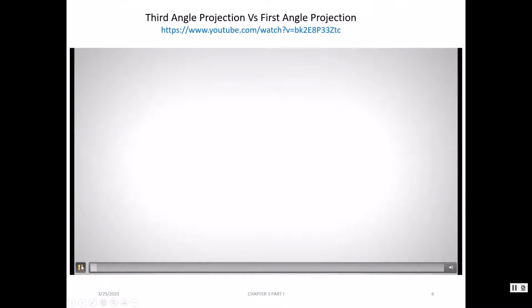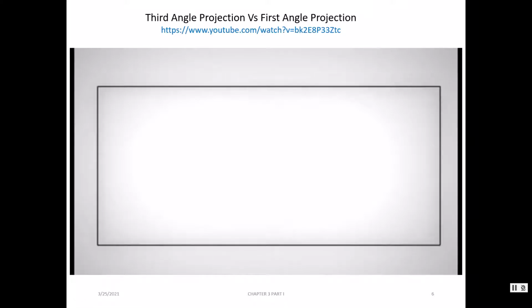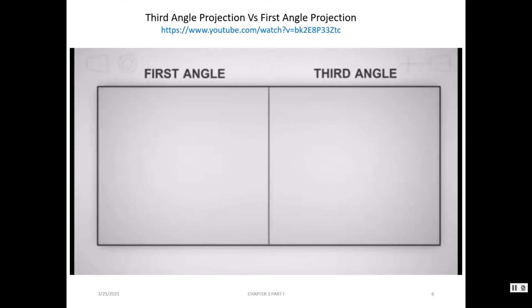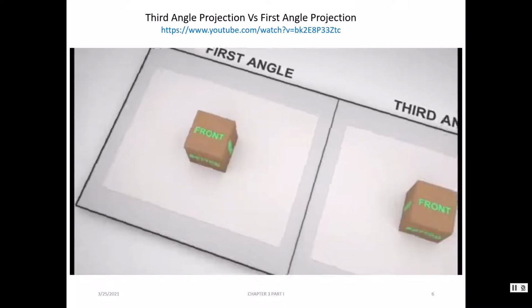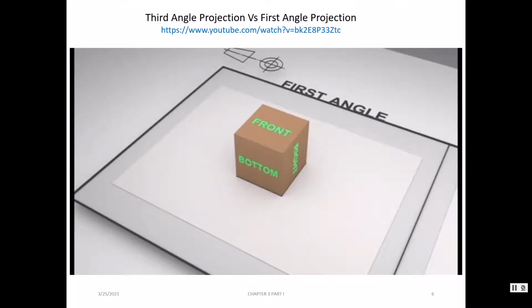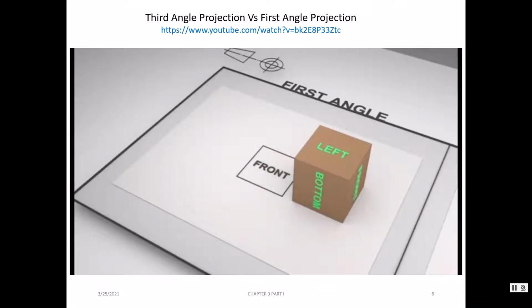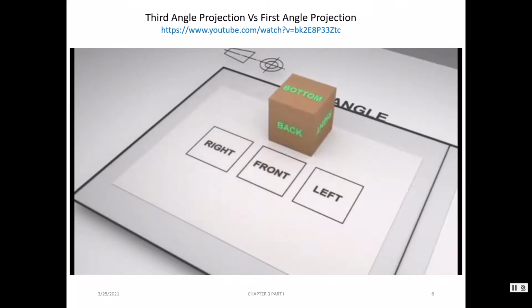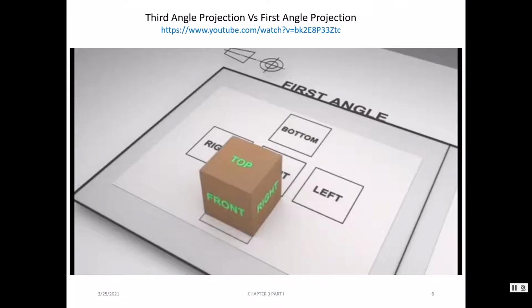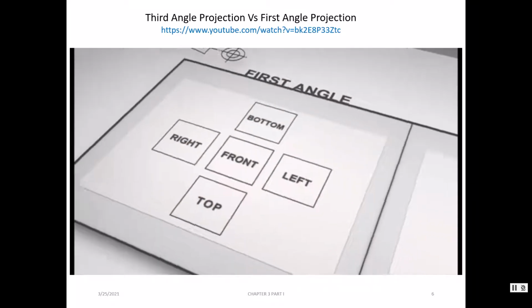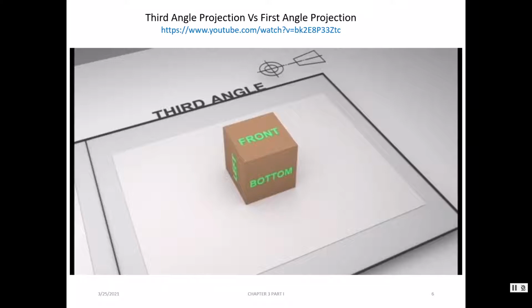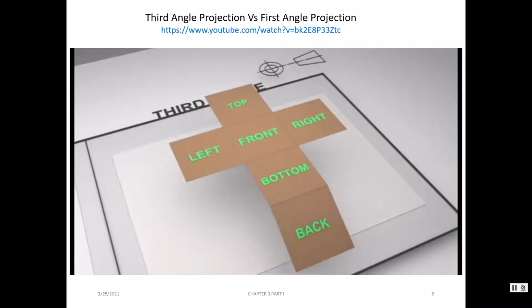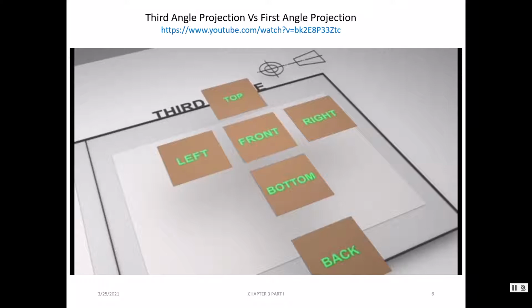Hello and welcome to Clan McCad. Okay, so today we're going to have a look at first angle and third angle projection in engineering drawing. We're going to look at first angle first, and what I want you to think of is having the actual object you're going to draw on top of the paper itself. All you're going to do is imagine yourself rolling the object in the direction of whatever view you're looking to create. And what you see from the top down is what you draw. Okay, so for third angle, I like to think of it as if you're unfolding a cardboard box into that traditional flat pack pattern, looking at the front view itself as if that's all you've got to start with.